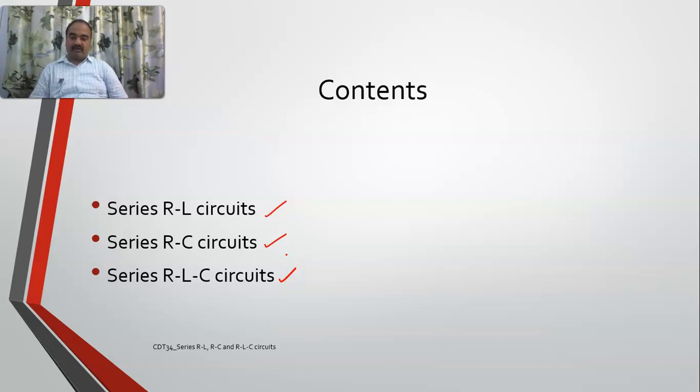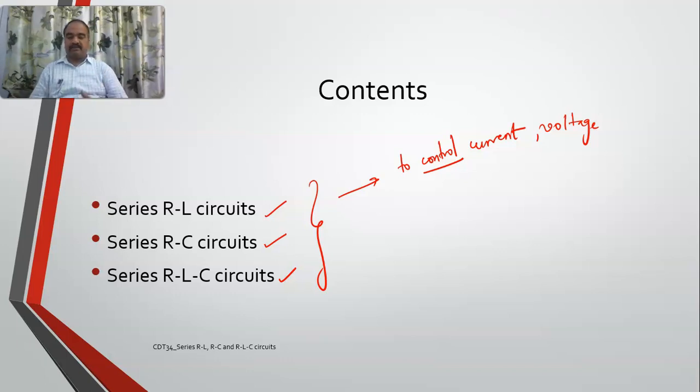But before going for this, why do you have to study all these things and why should you determine the impedance and response in these elements? Because you, being an electronics engineer, will be using them in all of your electronic courses and projects exclusively to control the currents. In other words, you can control the voltage also. The word control means either you can minimize or maximize, or let us suppose you want to stop the current at some point of time and allow it at some other point of time.